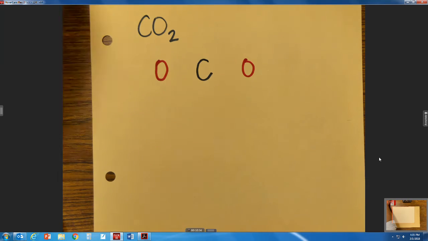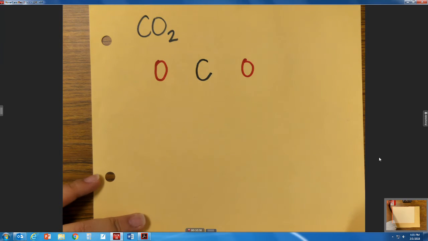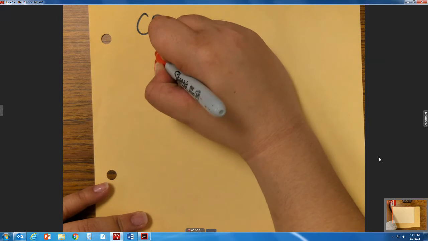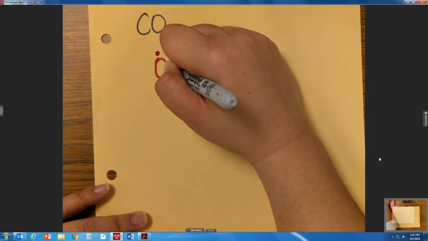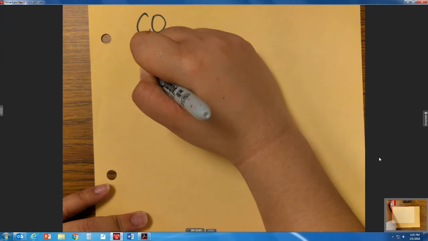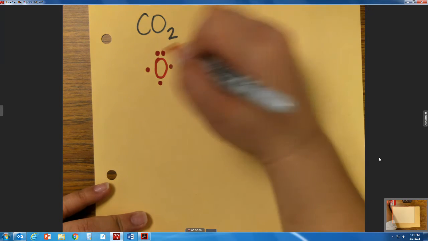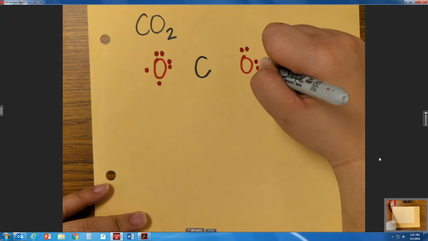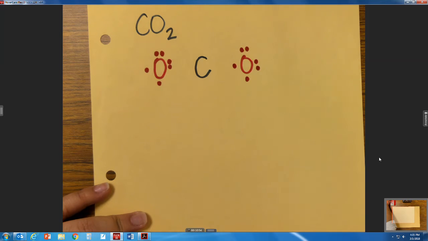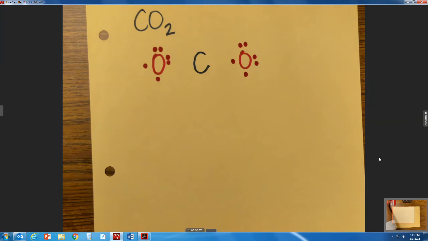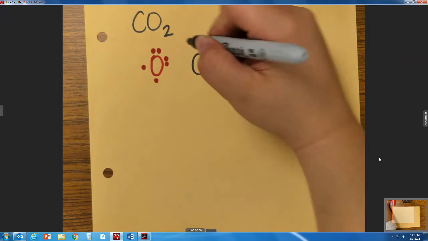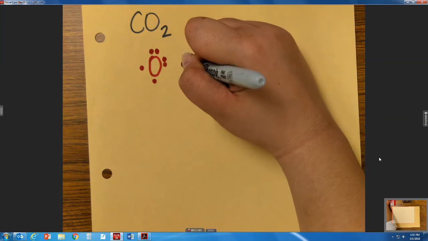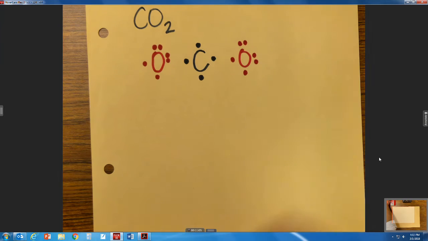And I'm going to go ahead and draw my Lewis dot structure. On your periodic table, oxygen has 6 valence electrons: 1, 2, 3, 4, 5, and then 6. And then carbon, again on your periodic table, we only have 1, 2, 3, and 4.